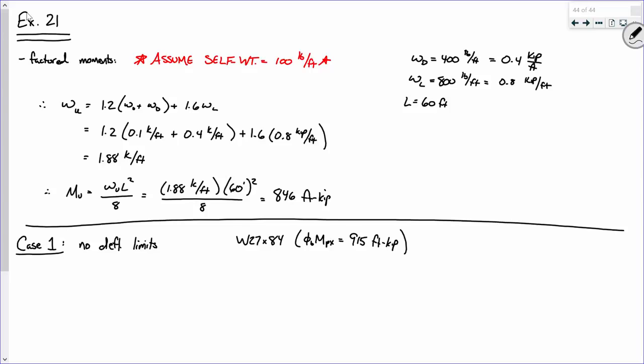There you go. We assumed that the beam weighs 100 pounds per foot. It does not weigh 100 pounds per foot. It weighs 84. So we could stop right now.